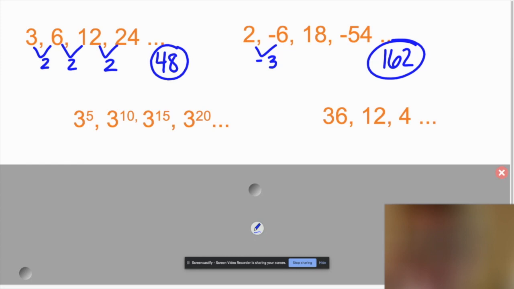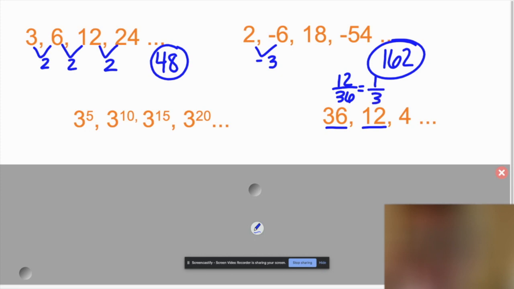Down here in the corner, if you notice that we're going down in numbers, which means we are technically dividing by 3, but our common ratio in this case would be 12 over 36, which reduces to 1/3.